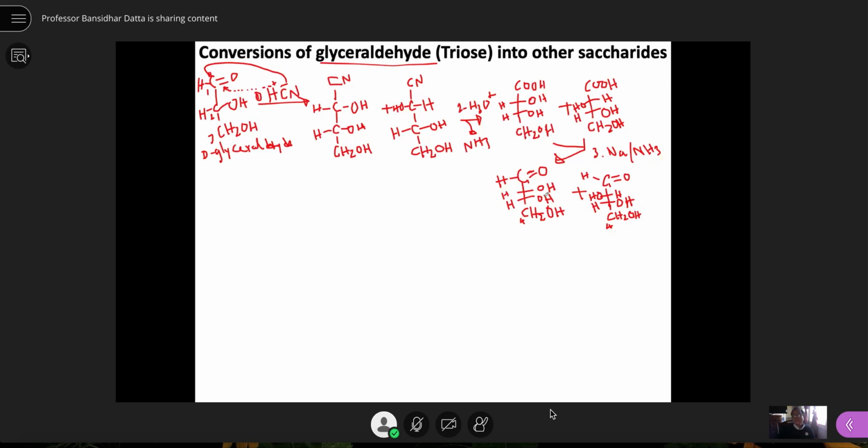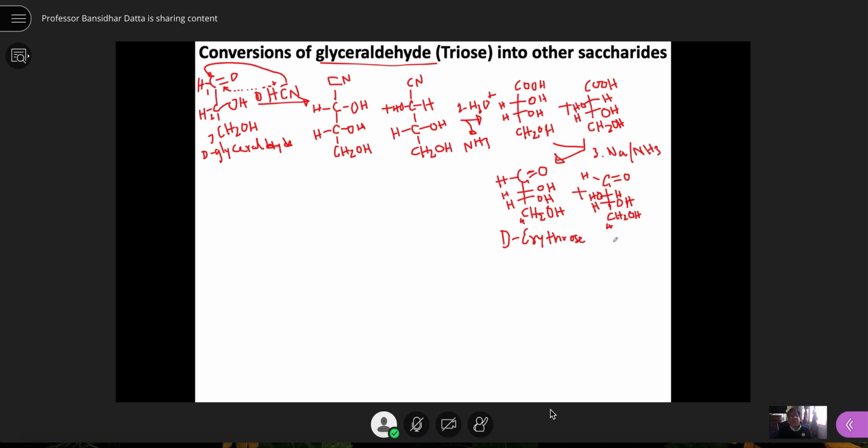All right? So who can tell me what these molecules are? We started with the trioses. What do we end up with? What group of molecules are these?